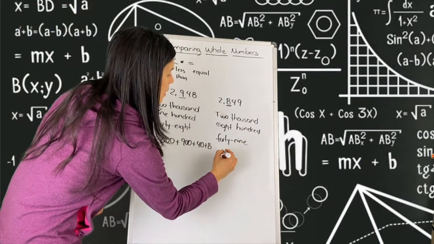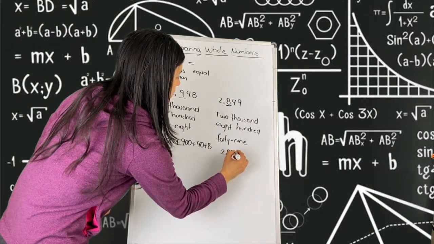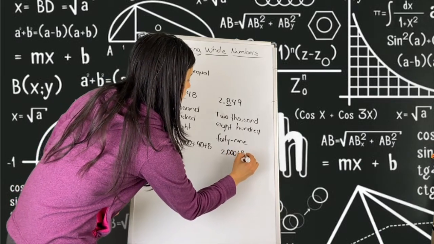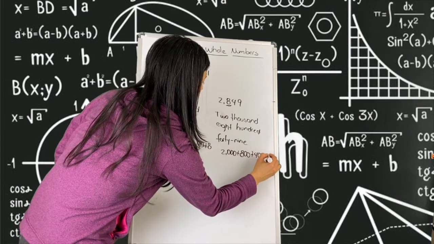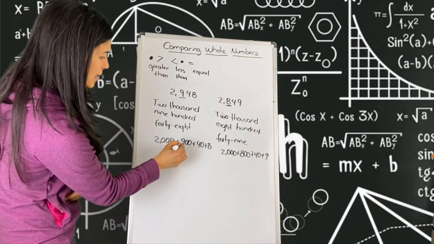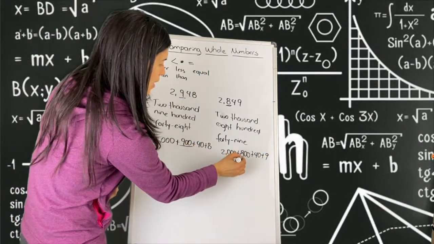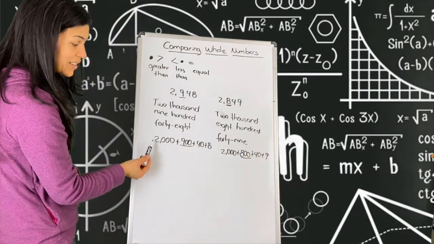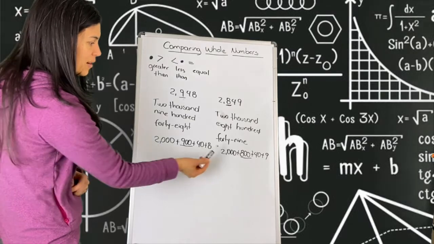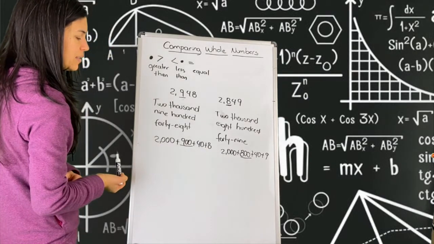For my second number, I also have 2,000 plus 800 plus 40 plus 9. I see that here has 900 and here has 800. Therefore, the bigger will be, yes, the 900. This is bigger or greater than this.